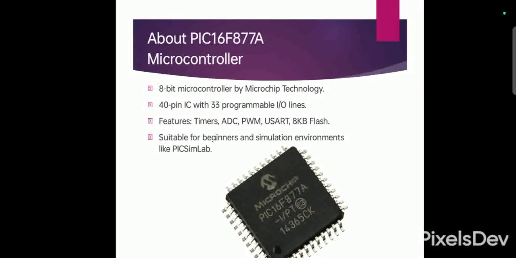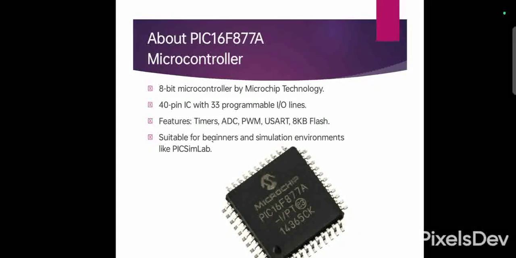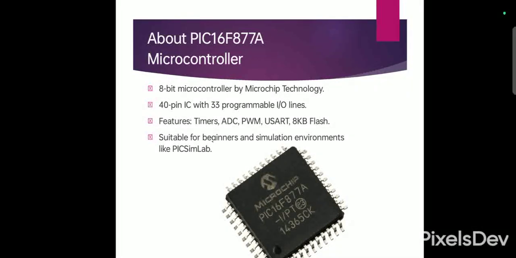Next, about the PIC16F877A microcontroller. This is an 8-bit microcontroller by Microchip Technology. This microcontroller has 40 pins, out of which 33 are programmable input-output lines. It comes with features and built-in peripherals like timers, ADC, PWM, USART, and 8 KB flash.